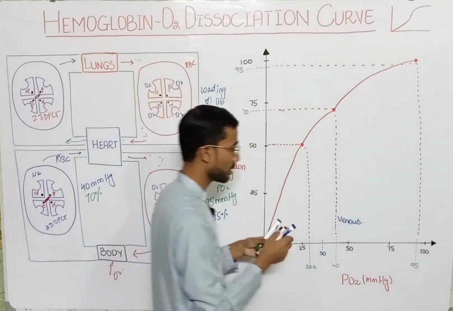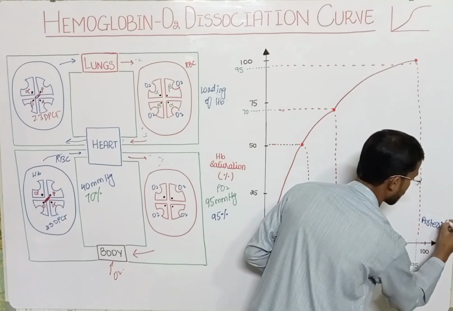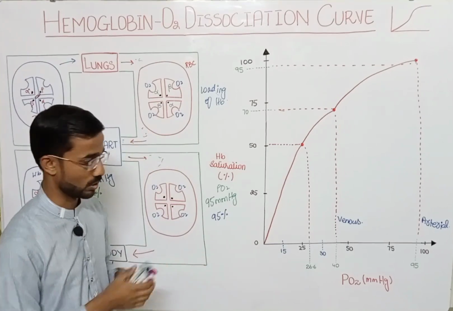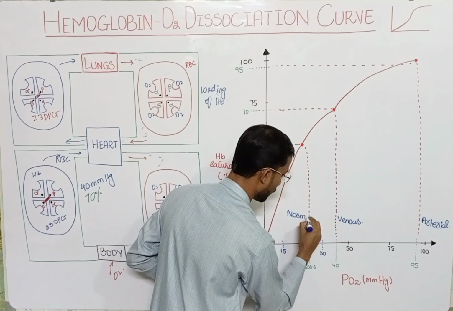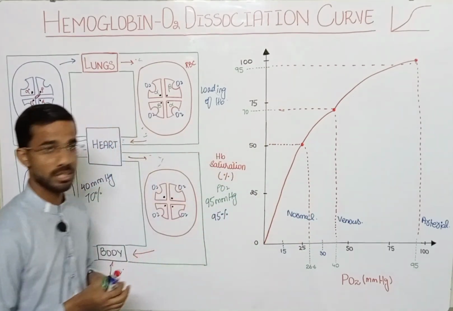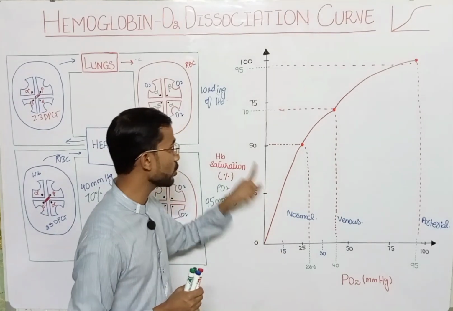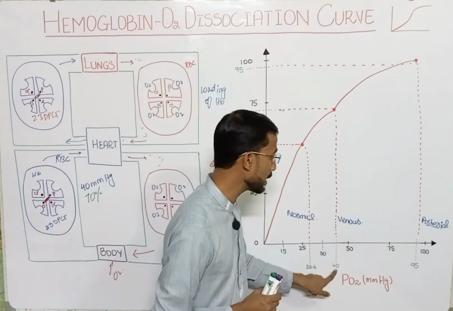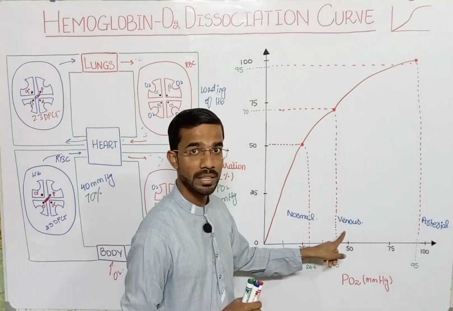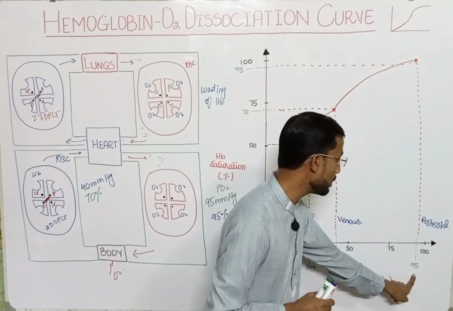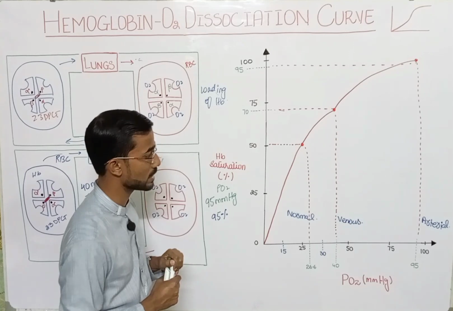This is for the arterial system. So these are the situations: at 26.6 millimeters of mercury you see 50% saturation, at 40 millimeters of mercury you see 70% saturation, which is in the veins, and at 95 millimeters of mercury you see 95% saturation. Okay, this is the case.